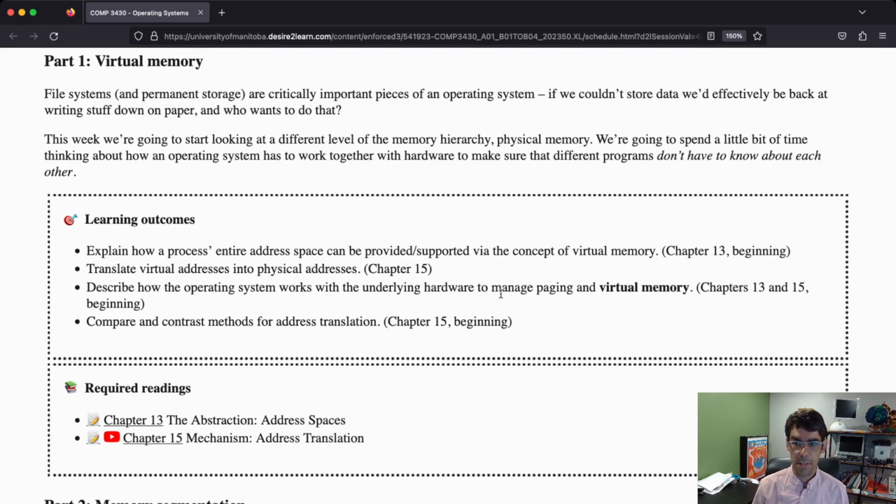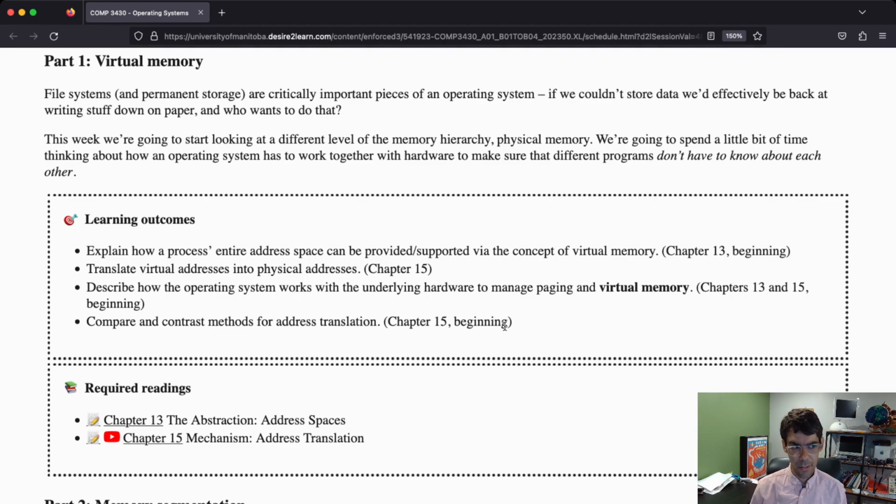So the hardware manual tells the operating system designer, the person writing the operating system, this is what a page table entry looks like. You have to format it this way. The operating system has to set up the page table that way, and then tell the hardware where to find it.